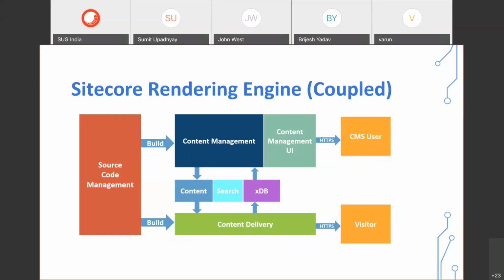The content delivery tier is accessing all of those databases, or data stores, directly. It might be accessing some of them over services, but for performance and just because of the way Sitecore is coded, kind of vertically, it's probably doing that direct access over SQL and other interfaces to those repositories. So this is the standard Sitecore layout engine.